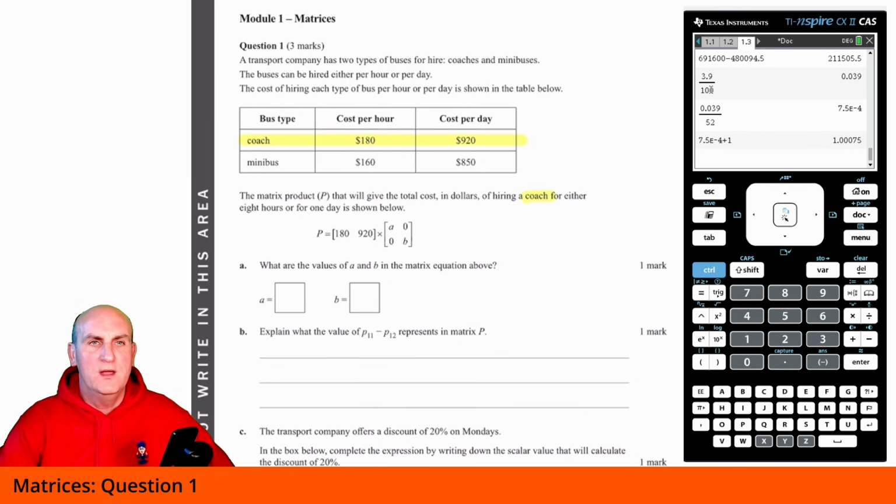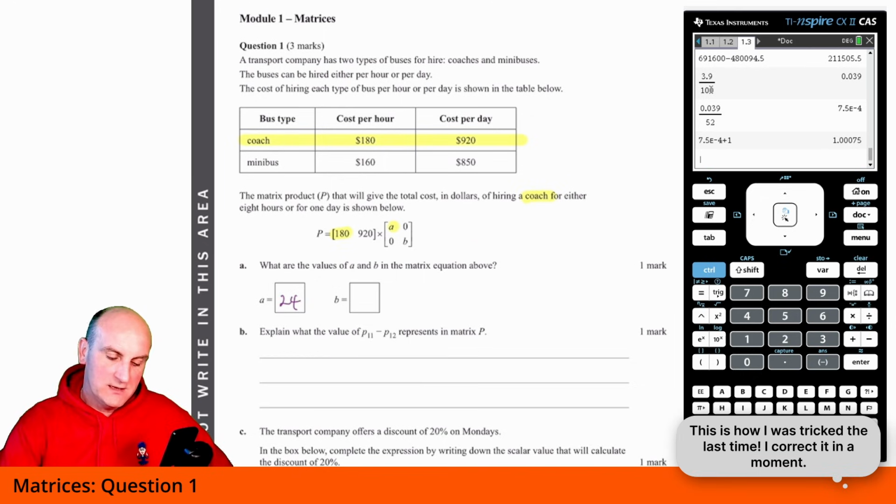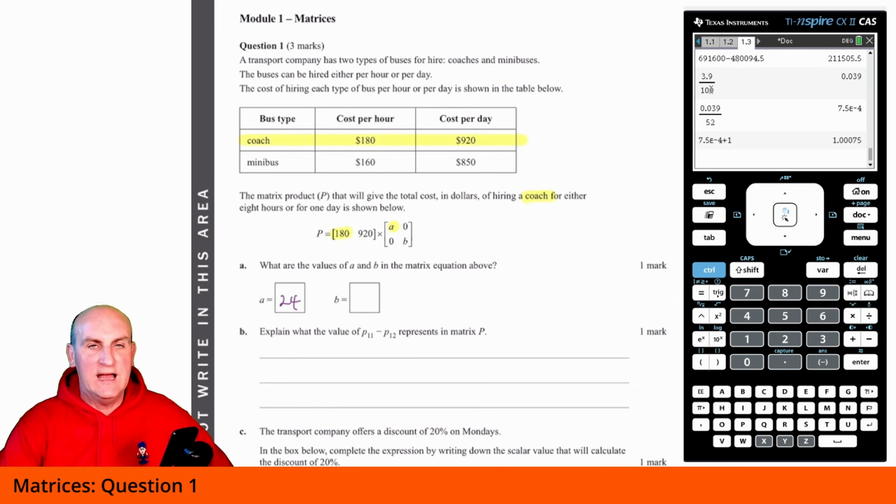All right, so it's a coach for either 8 hours or 1 day. So 180 is going to multiply by that A. So that's 180 per hour. So in which case A has got to be 24. Yes, because 100... no, that's not true. Hold on a moment. For either 8 hours or 1 day.